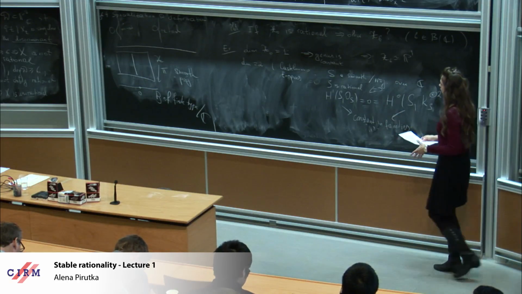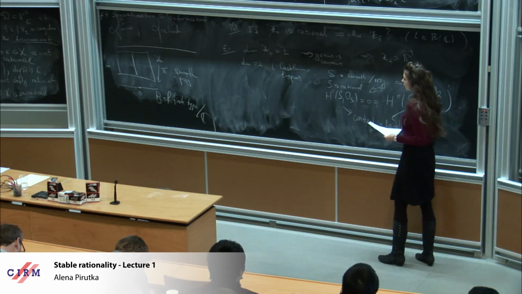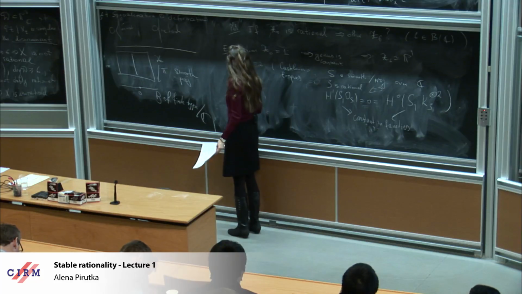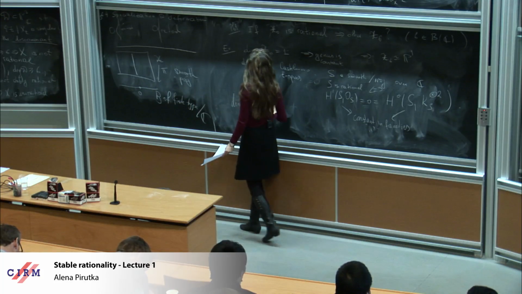So again, if I have one fiber that is rational, then any fiber is going to be rational. In dimension 3, it's still unclear.